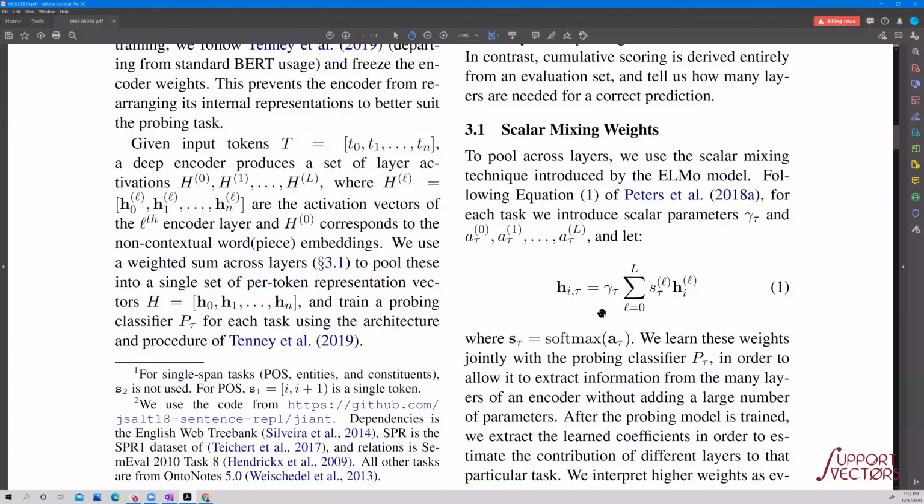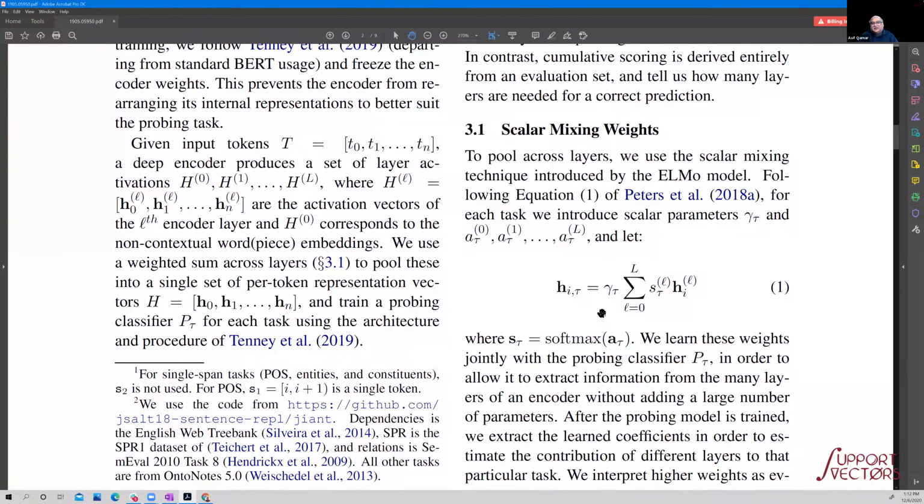Okay? So what you do is you start with the first layer and you ask, just as a classifier, is it able to do part of speech tagging correctly? It comes up with a certain accuracy, and it will make mistakes. Then you add one more layer, and the accuracy goes up, the F1 score, which is a harmonic mean of precision and recall.